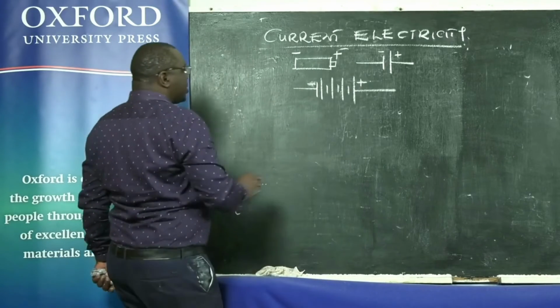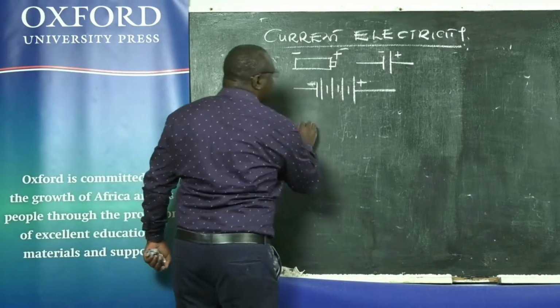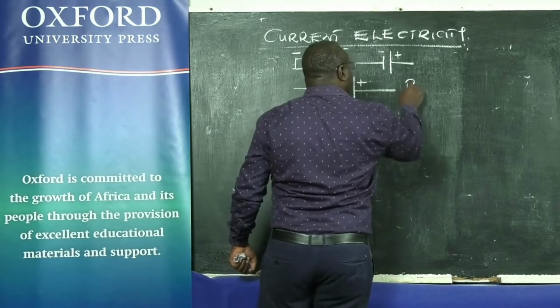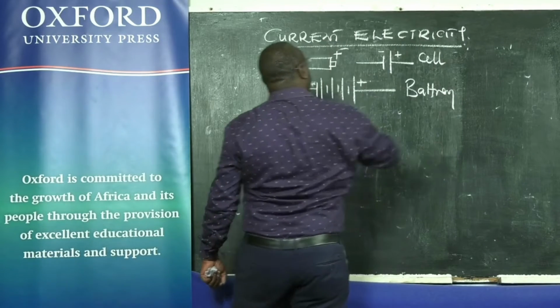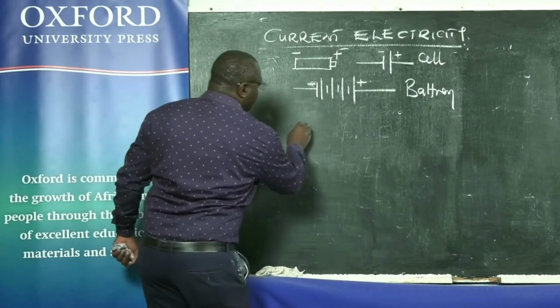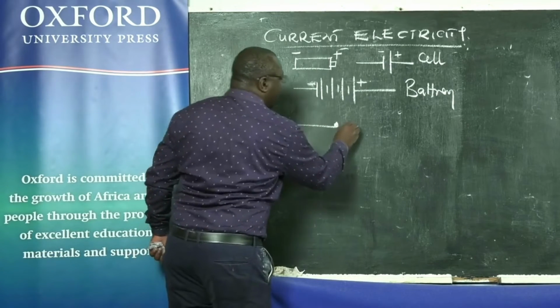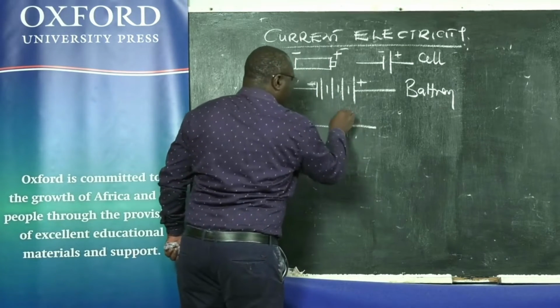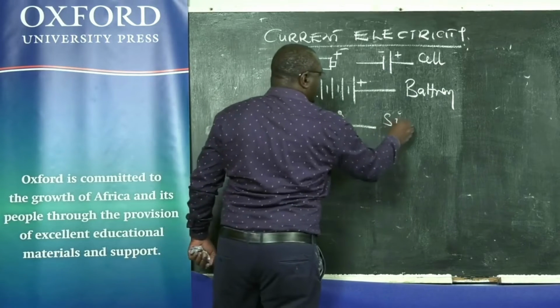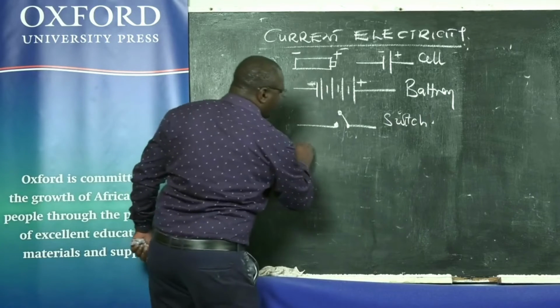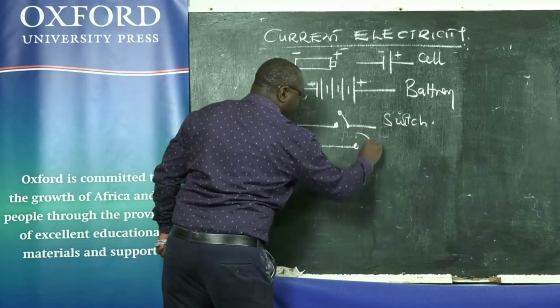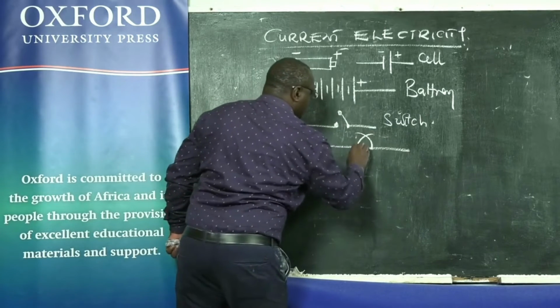Then other than that, we have another important one, so I'll say this is a battery. This one is a cell. Okay? We have another one which looks like this, a very important feature in a circuit. This one is called a switch. Okay? In other books, it may be presented like that.